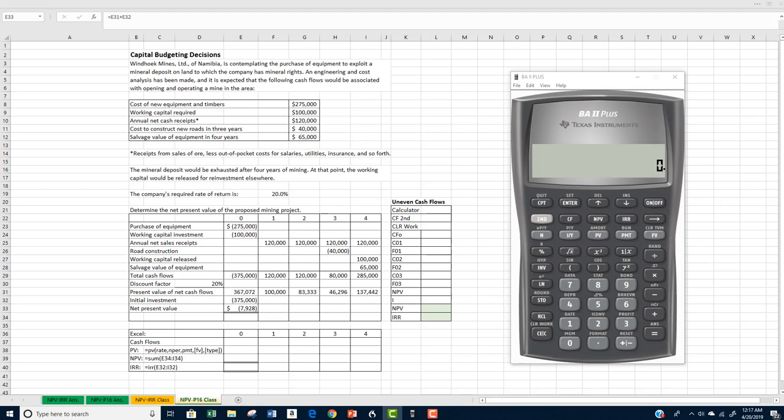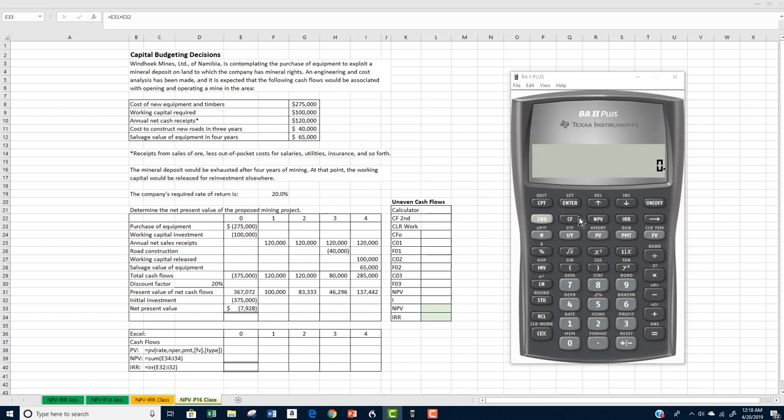While this approach is acceptable, it does not lend itself to an IRR calculation. An easier way is to use the CF function on your financial calculator. The CF button is located on row 2 of your calculator.